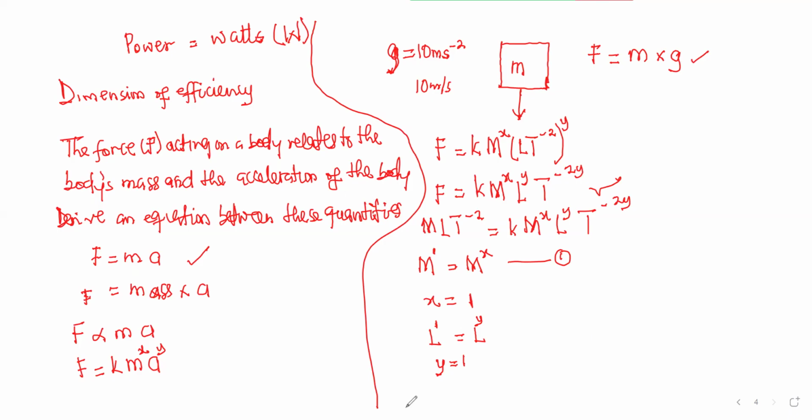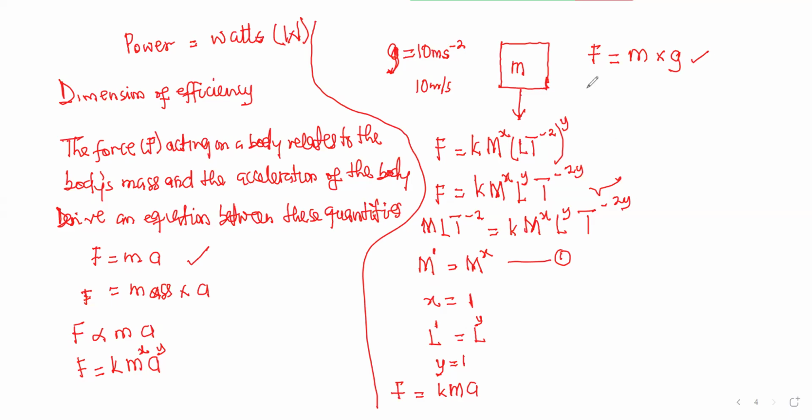So when we finish, we substitute our exponent values. F is equal to K M exponent 1, A exponent what? A exponent 0, Y, and Y is also 1.